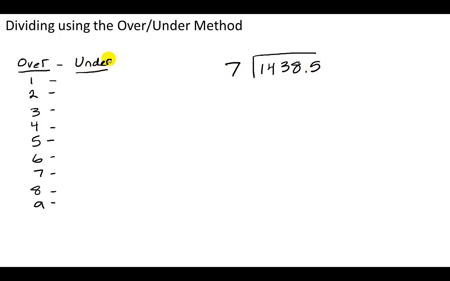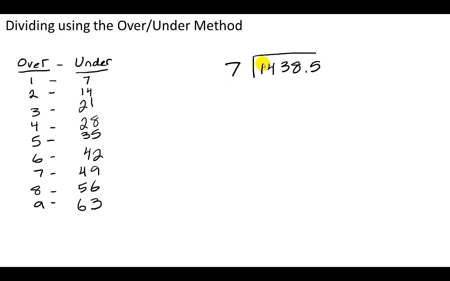So for our under list, we have to count based on 7. So we have 7, 14, 21, 28, 35, 42, 49, 56, and 63.